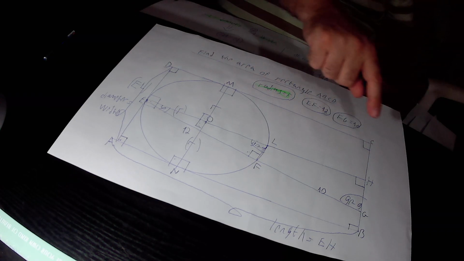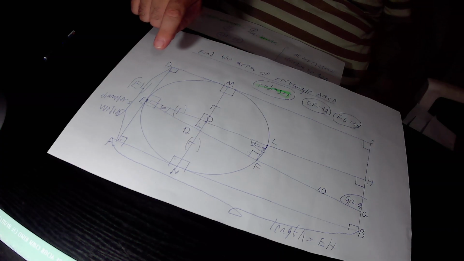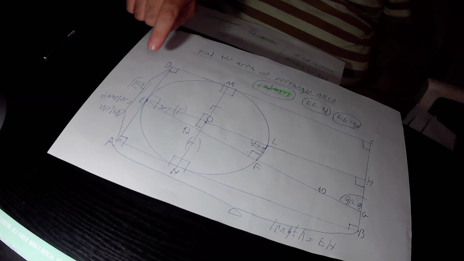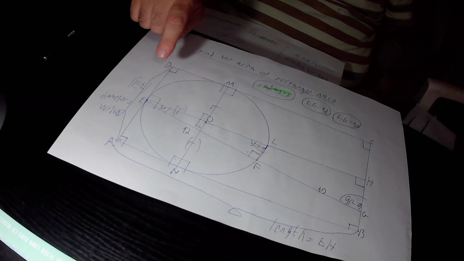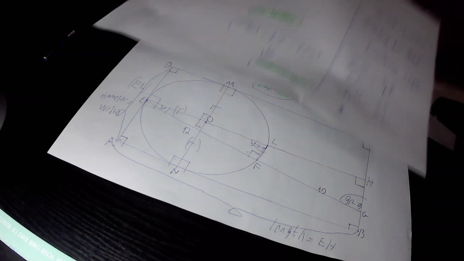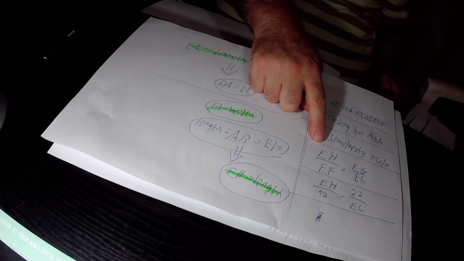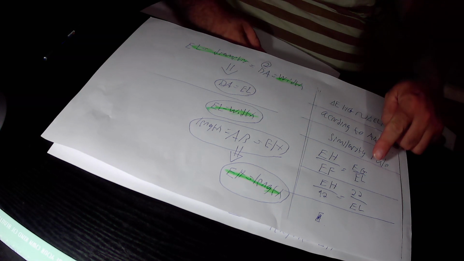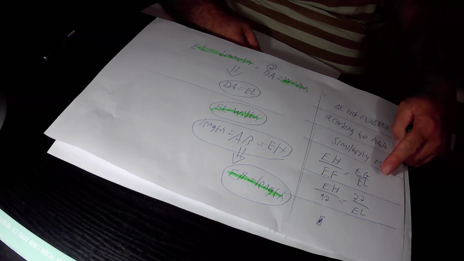The side EH of the big right triangle EHG over side EF of the small right triangle ELF is equal to side EG of the big right triangle EHG over side EL of the small right triangle ELF.